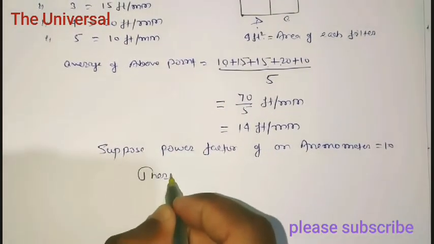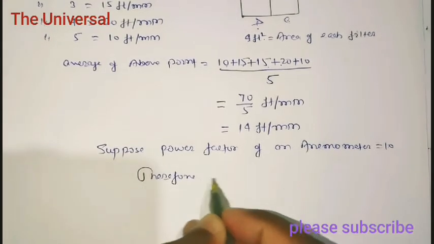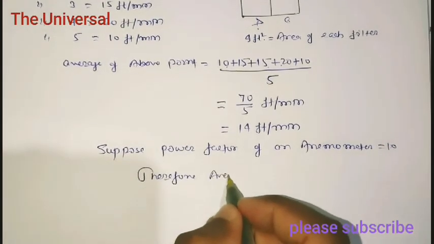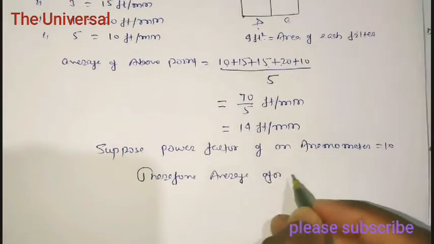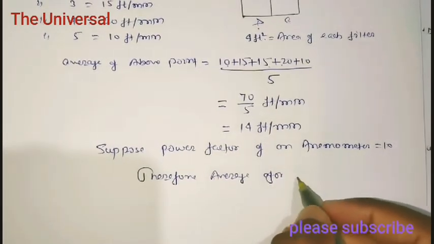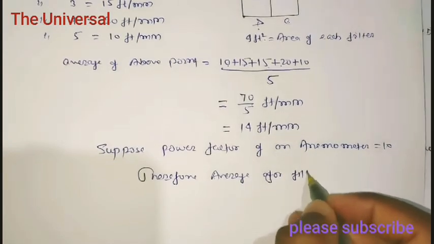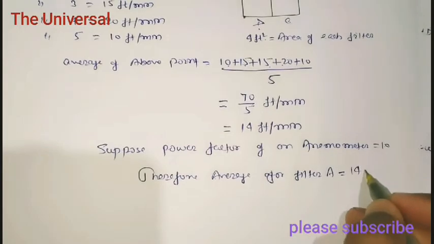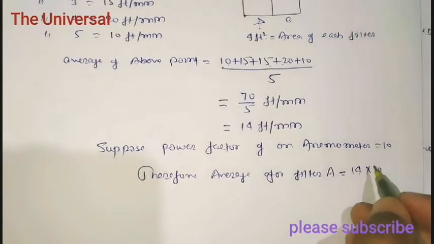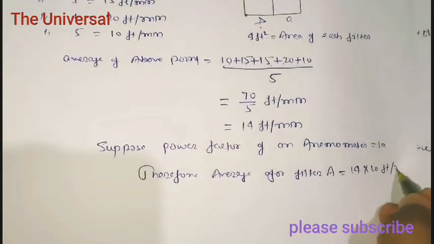Therefore, the average flow for filter A is equal to 14 into 10 feet per minute.